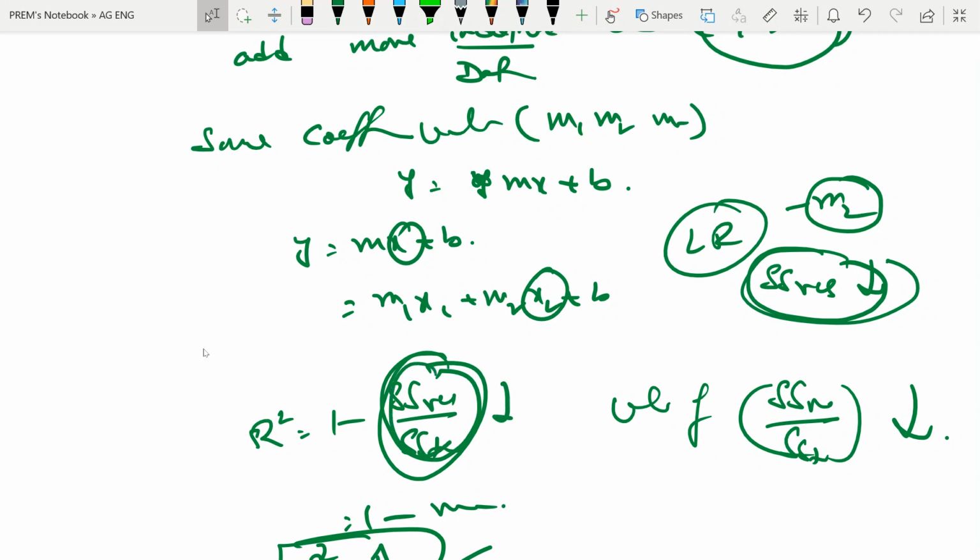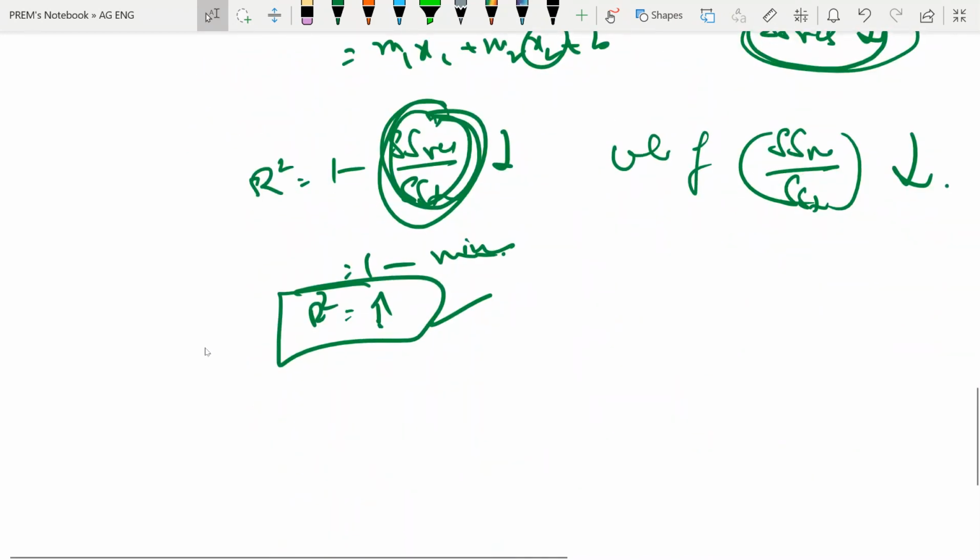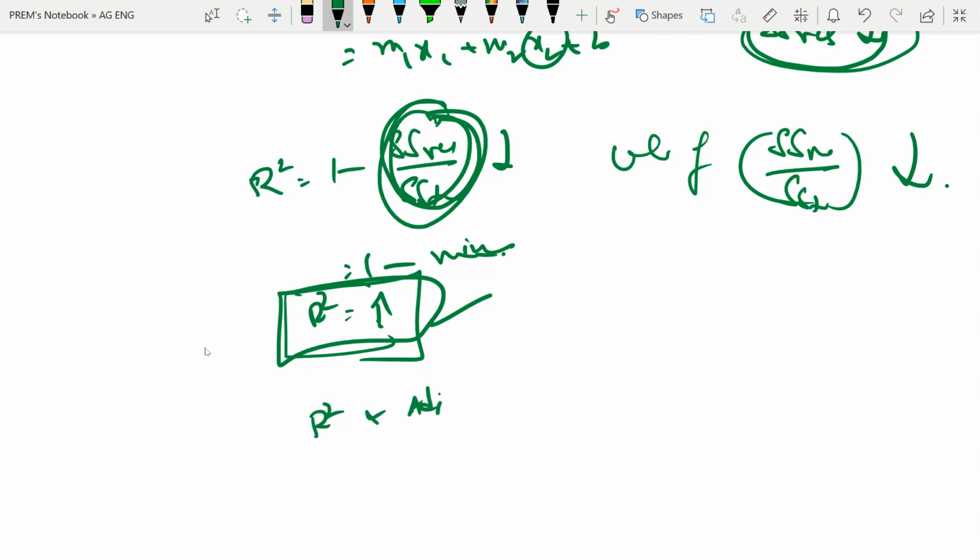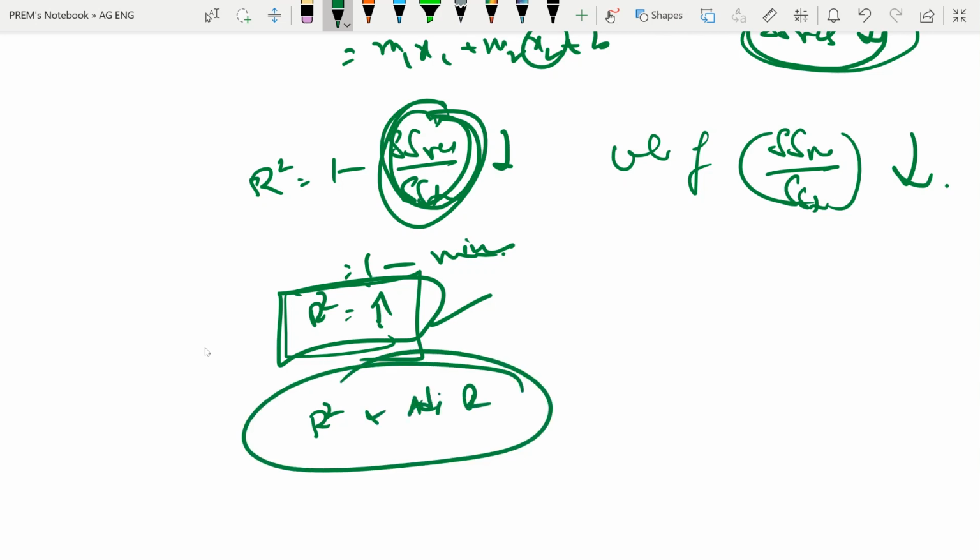So 1 minus this minimum value means automatically the R square will be increasing. So this is the main difference between R square and adjusted R square.